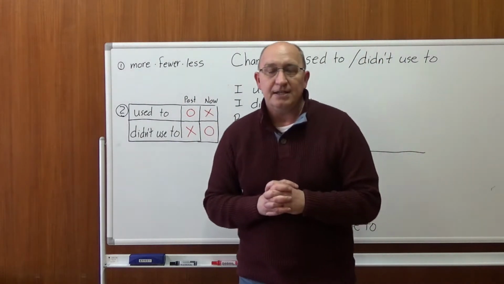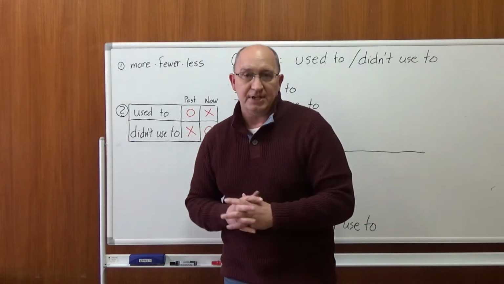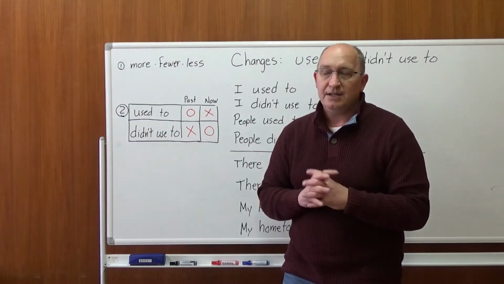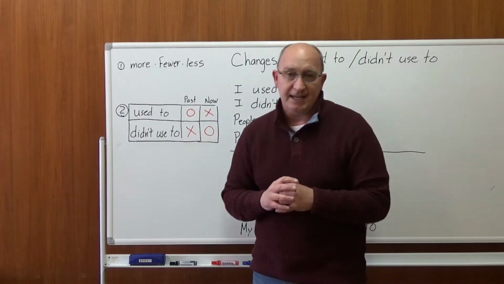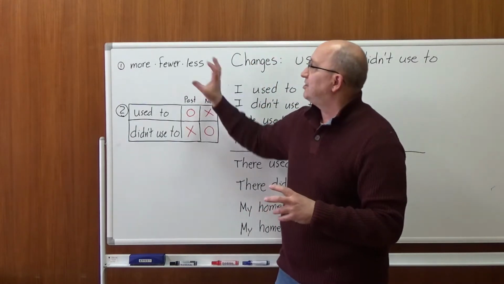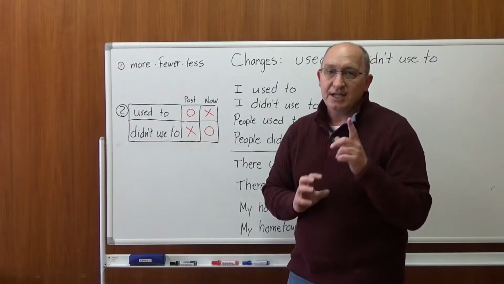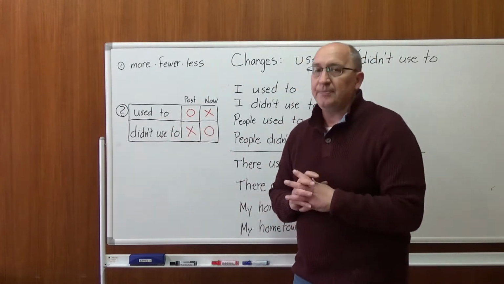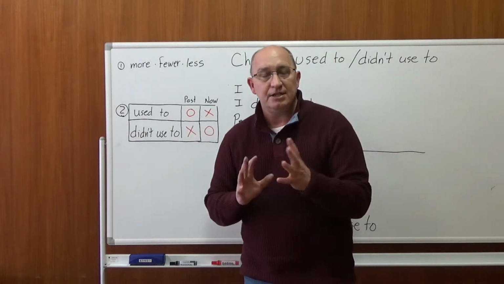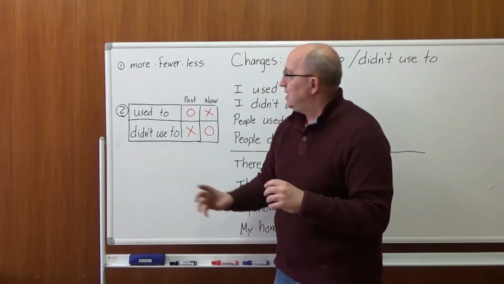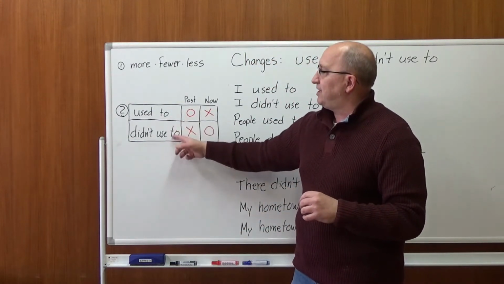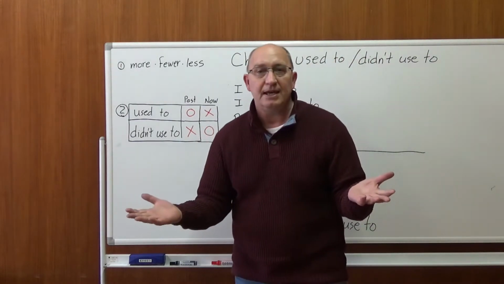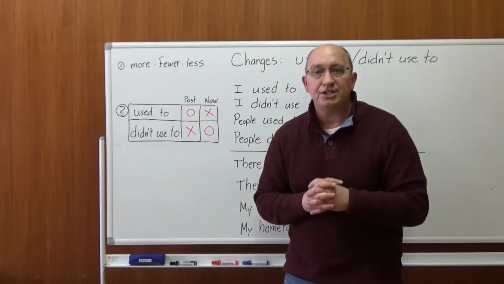That there are more of something, or there are fewer of something, to talk about changes. Today, using used to and didn't used to. Maybe you understand this. This is maybe only review. But when we use these two patterns, we're comparing the past to now. So we're talking about a change.